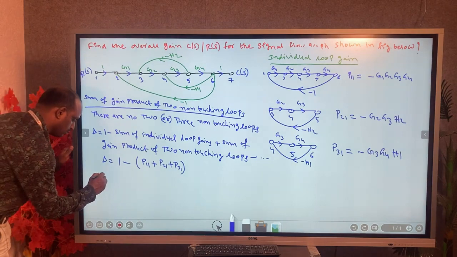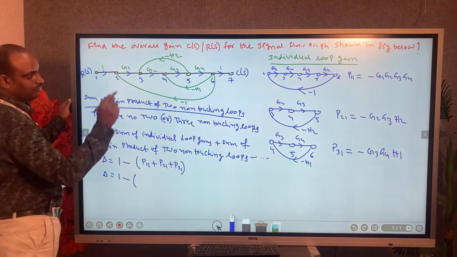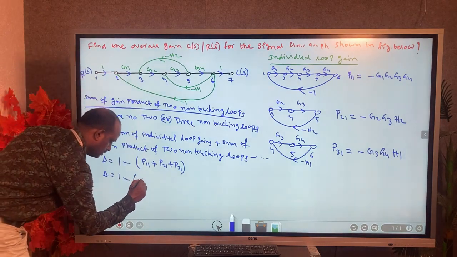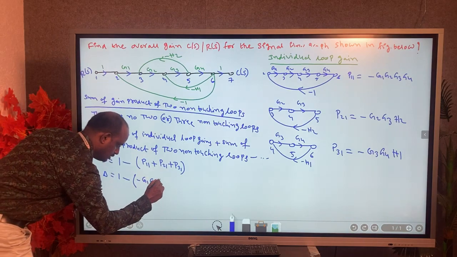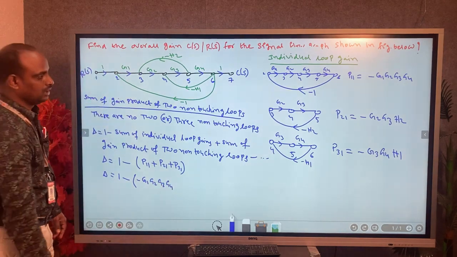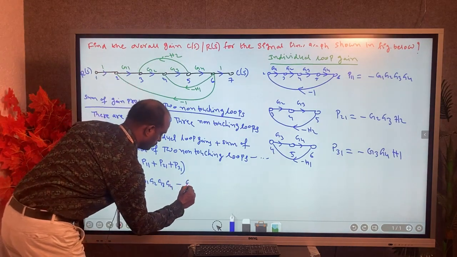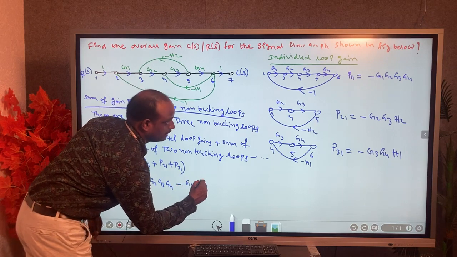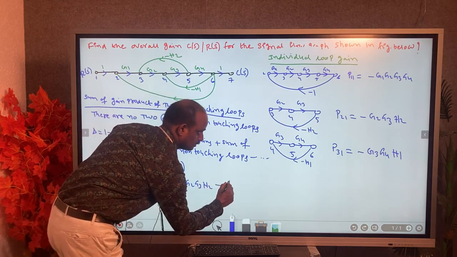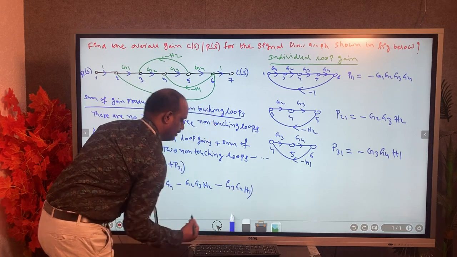Delta equals 1 minus P11, which is minus G1, G2, G3, G4, minus P21, which is minus G2, G3, H2, minus G3, G4, H1.